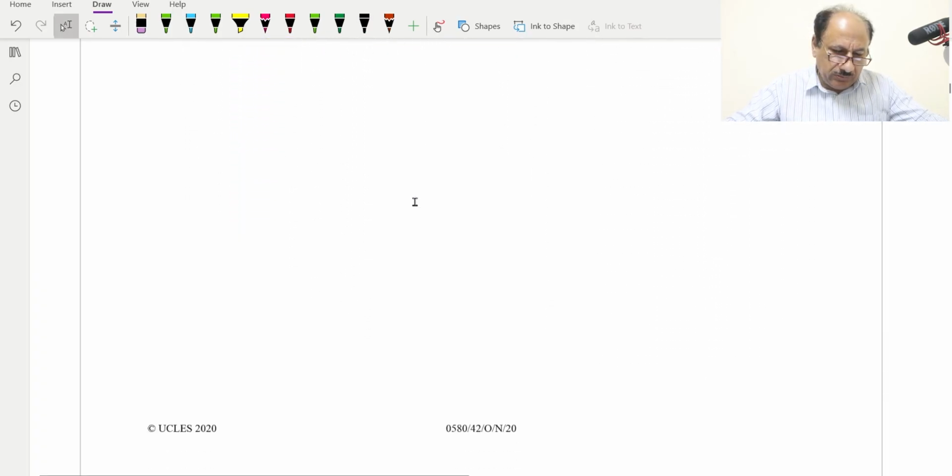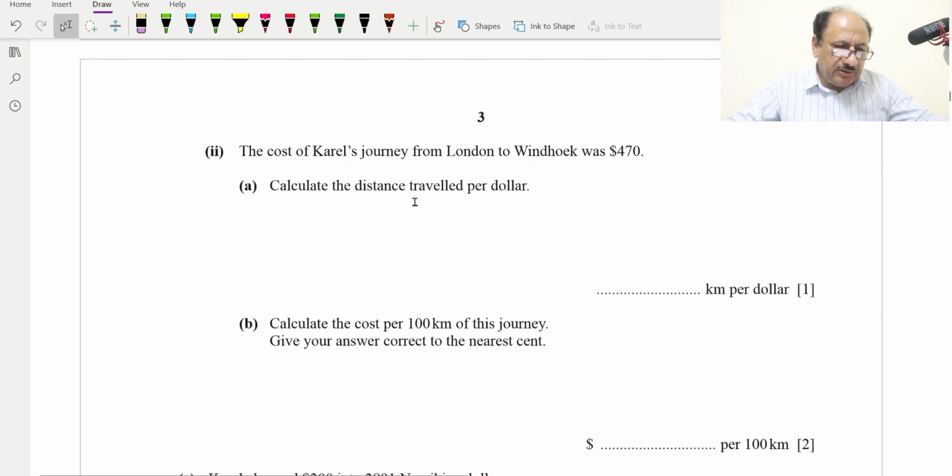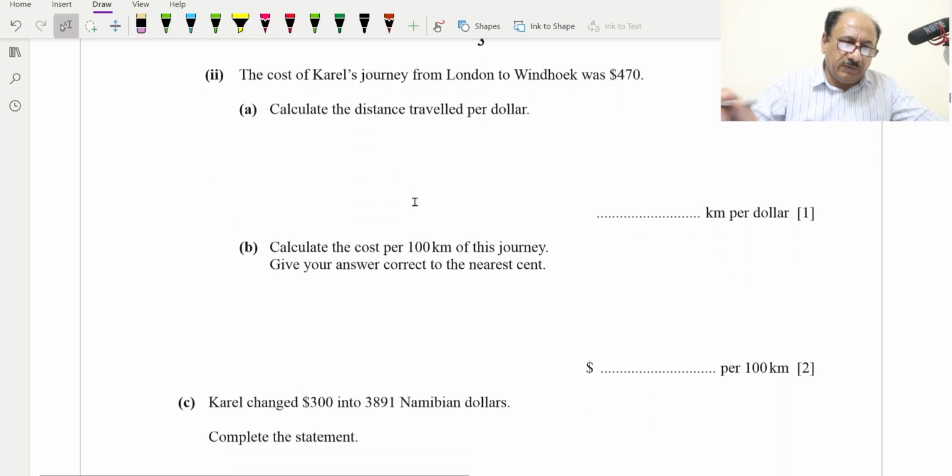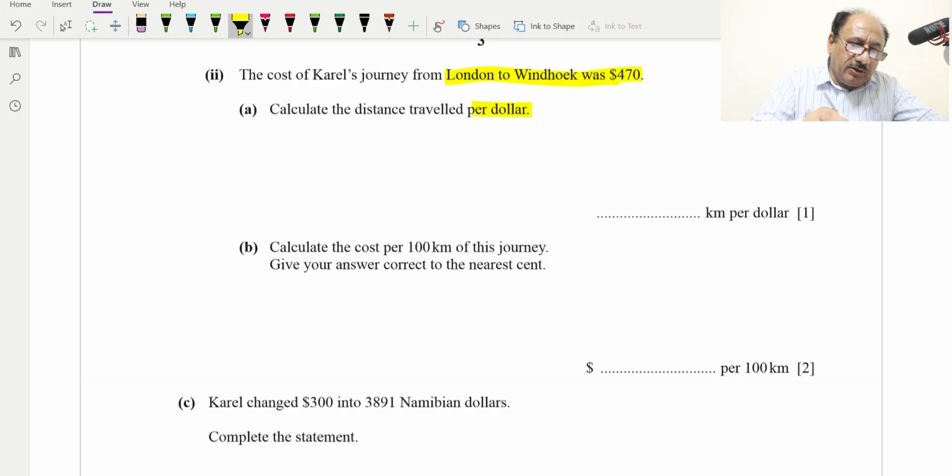Now the same question, part second. The cost of Carol's journey from London to this location was $470. Calculate the distance traveled per dollar. Distance covered per dollar.